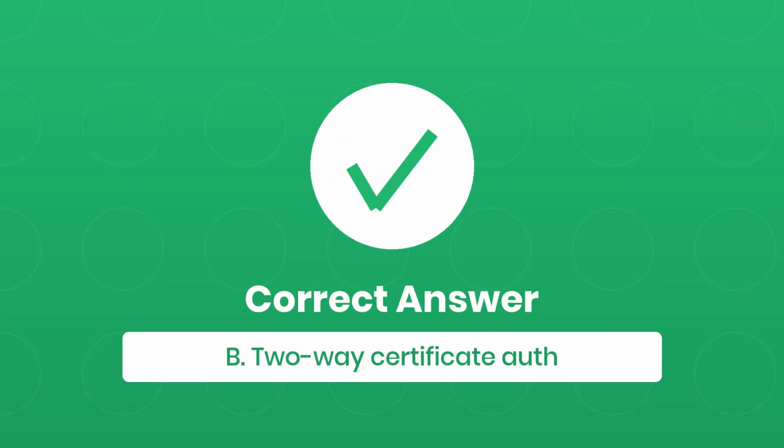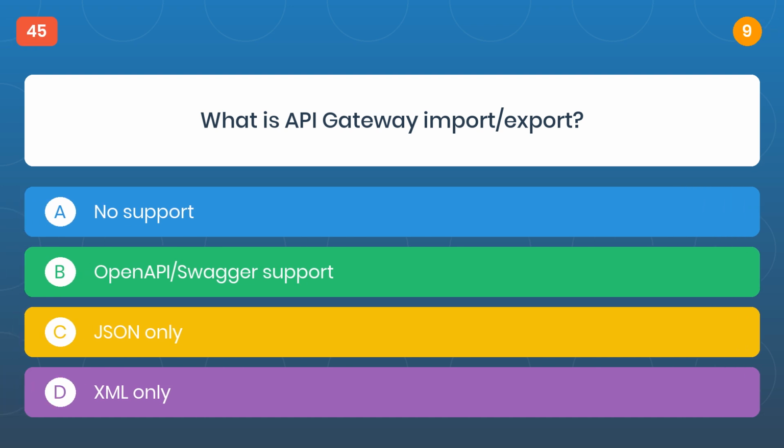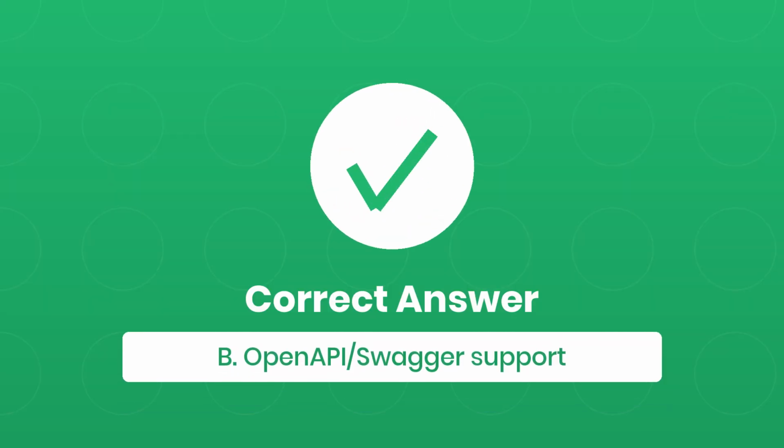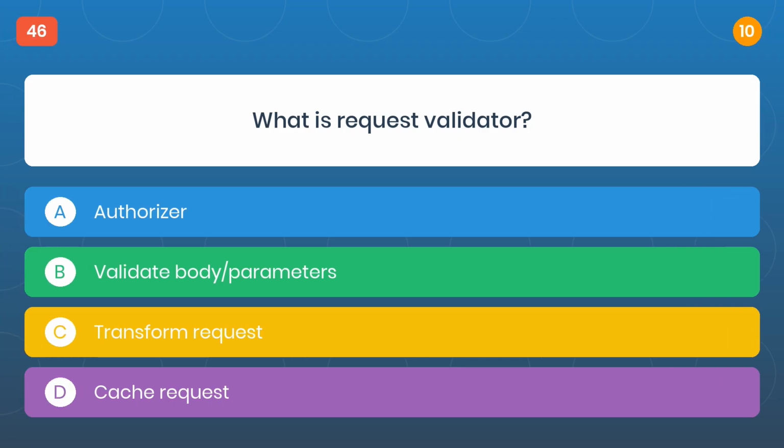The correct answer is B, two-way certificate auth. Question 45. What is API Gateway Import/Export? The correct answer is B, OpenAPI/Swagger support.